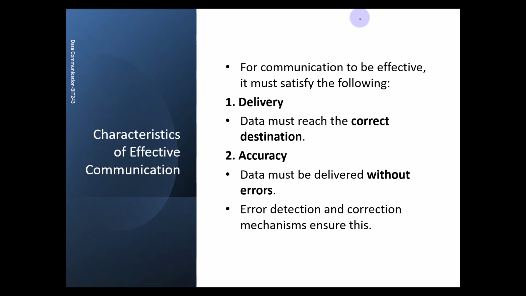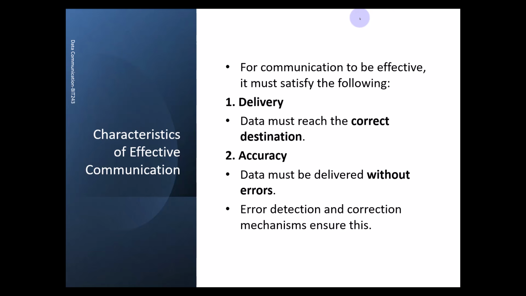So now that we know the basic components of a communication system, should a communication be effective, then we should be looking at some things here. Delivery. Data must reach the correct destination. If I'm sending something to a specific device, then that specific device should be able to receive what I sent.